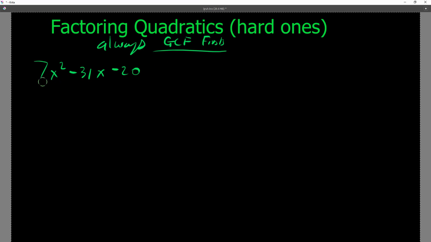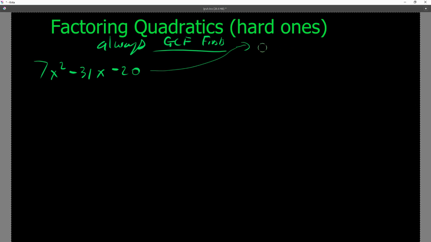So here I'm going to look at the 7 and the 31. They're both prime, so I know that they don't have any factor in common. So I can't do the GCF for these guys. So I'm going to go to the next step, which is just to factor this quadratic. But you have to make sure every time you do a factoring problem, you do GCF first. Okay, so let's go and factor this guy.